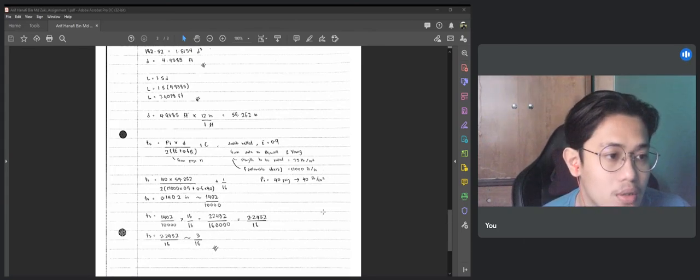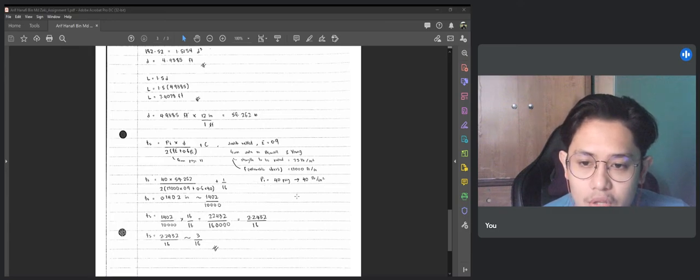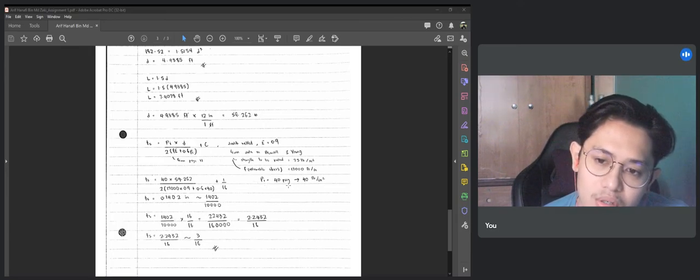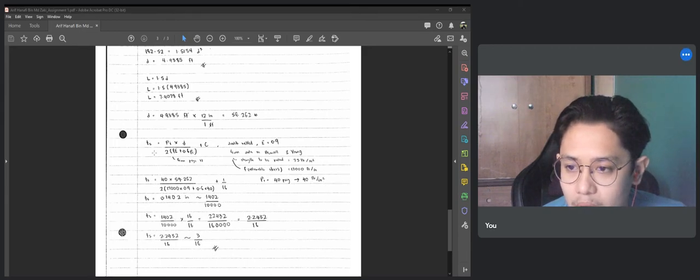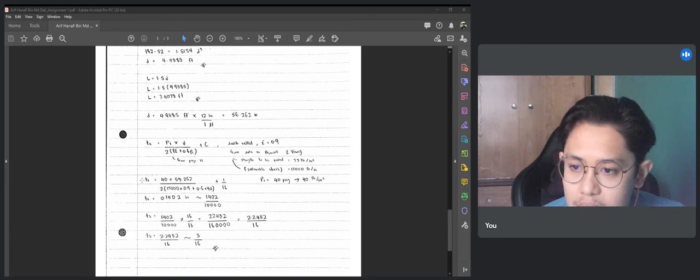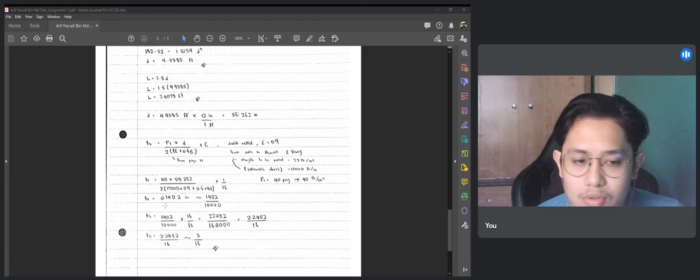For the pressure, we need to convert the unit to pound over inch square. So we insert all the values inside the formula for ts. 40 times 59.262, and all this. I calculated it, and I get the ts equal to 0.1402 inch.